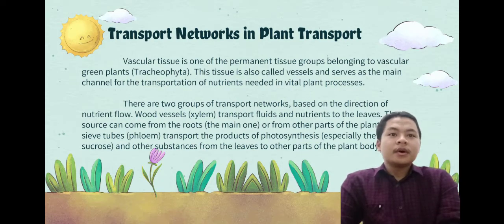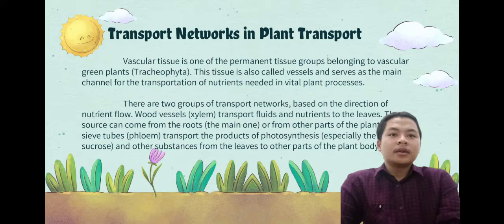Vascular tissue is one of the permanent tissue groups belonging to the vascular green plants, Tracheophyta. This tissue is also called the vascular tissue and serves as the main channel for the transportation of the nutrients needed in vital plant processes.